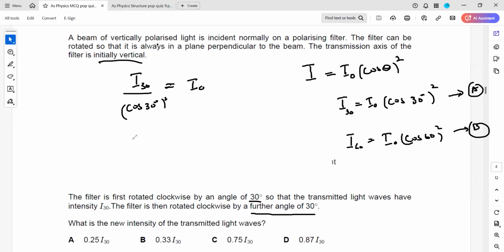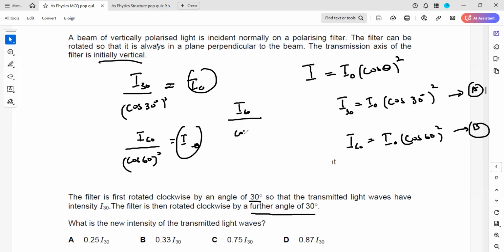And for this equation, I60 divided by cosine 60 squared equals I naught. So I can compare these two equations, because I naught is the maximum intensity. So we can say I60 divided by cosine 60 whole squared is equal to I30 divided by cosine 30 whole squared.